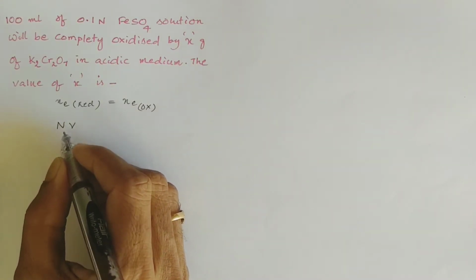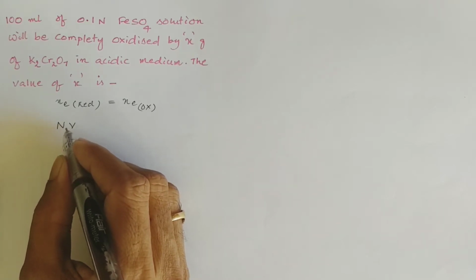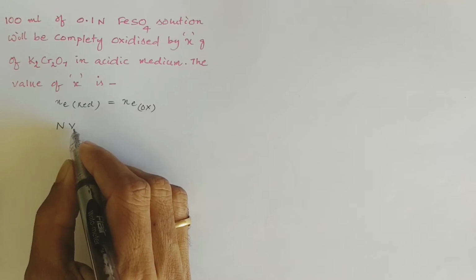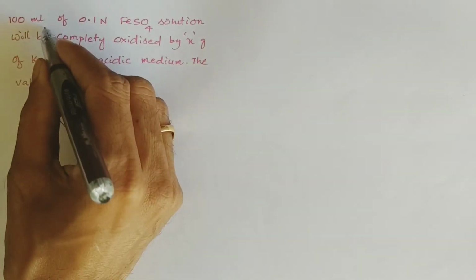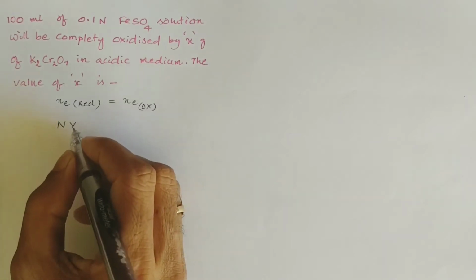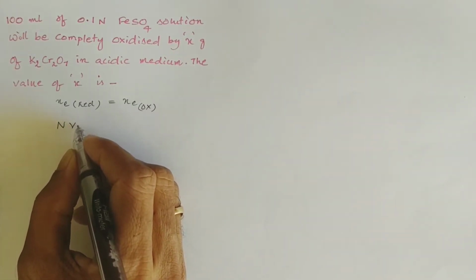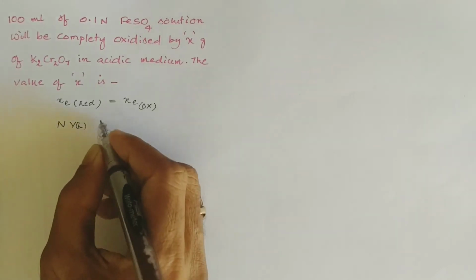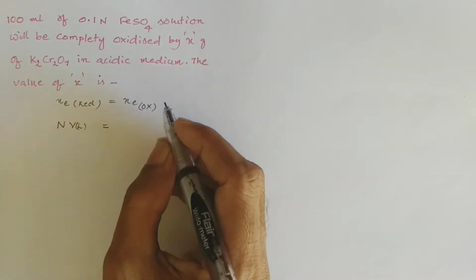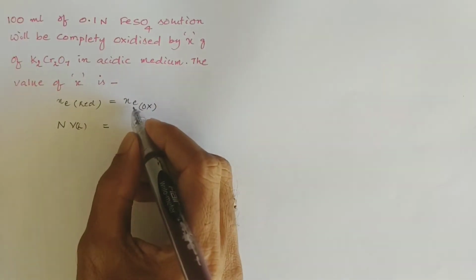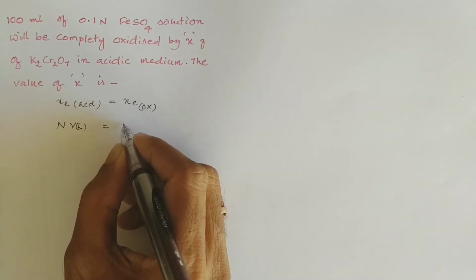Normality is equal to number of equivalents by volume in liters, or number of equivalents is equal to normality into volume, right? So here volume is given in milliliters, so divide it by 1000. So this volume is in liters, equal to the number of equivalents of oxidizing agent. Number of equivalents is equal to mass by gram equivalent mass.